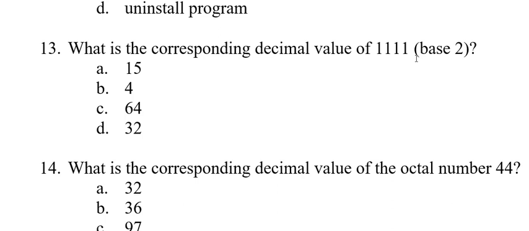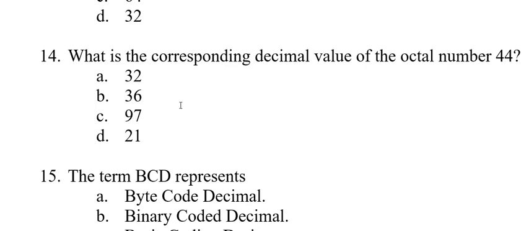The answer is 15. Okay, so this here represents a 1, this represents a 2, this one represents 4, and this represents 8. So if you add up together 1 plus 2, 3 plus 4, then plus 8, it will give you 15. Okay, now we're going to number 14 here.